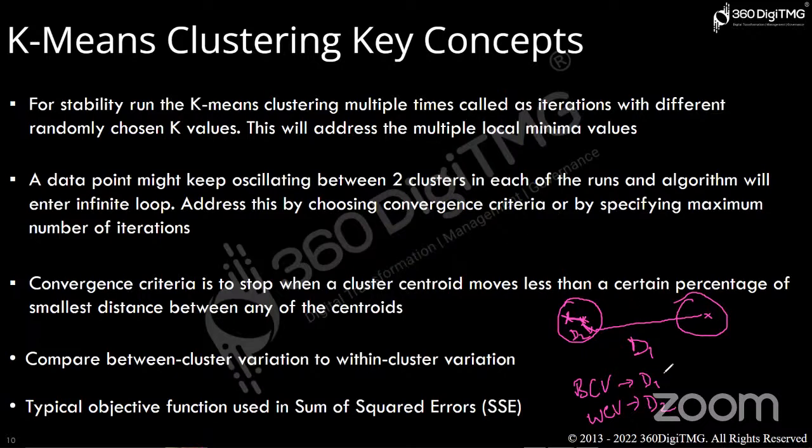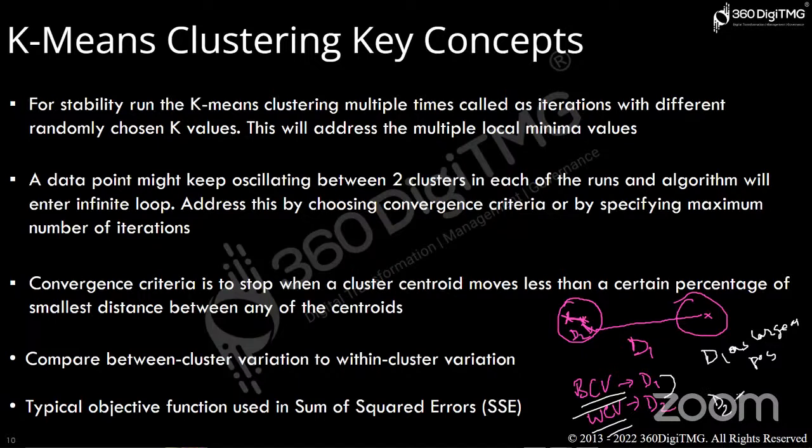So we will have to compare both of these distances, between cluster variation and within cluster variation. D1 should be as large as possible.